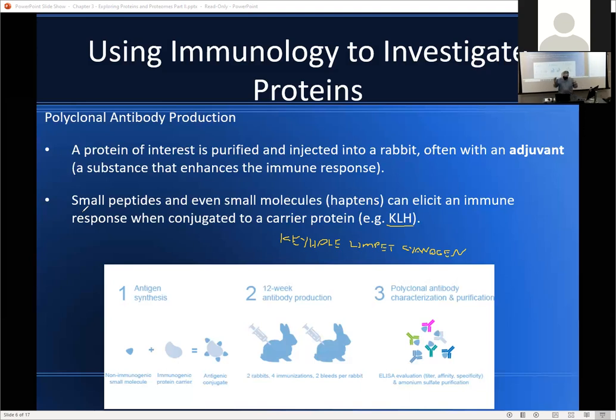Okay, so getting back to how we make these antibodies. We take our protein of interest. We might have to conjugate it to a carrier protein. Definitely have to add an adjuvant to enhance the immune response. Then we have a regular immunization schedule. So we'll start immunizing rabbits on a regular immunization schedule, and then we'll schedule bleeds every so often. After we bleed the rabbit, we'll assay the blood.